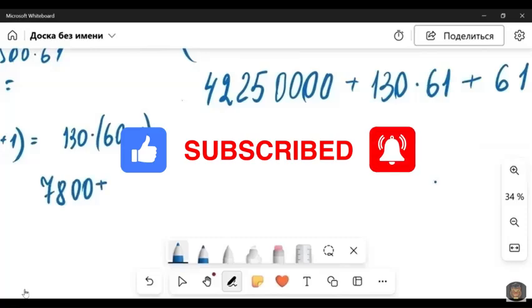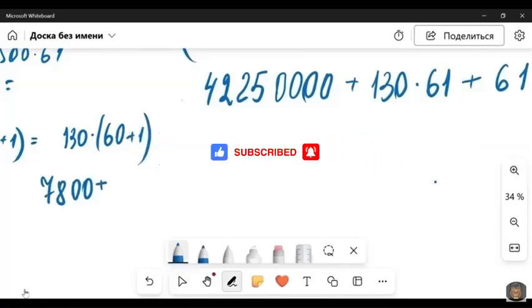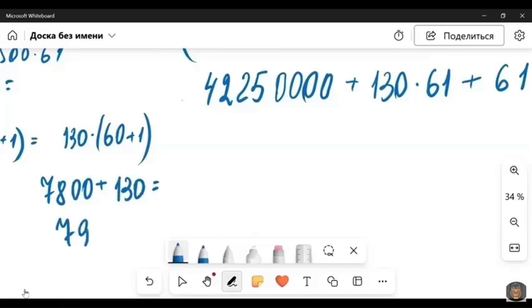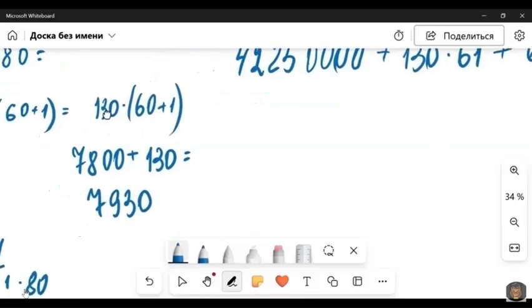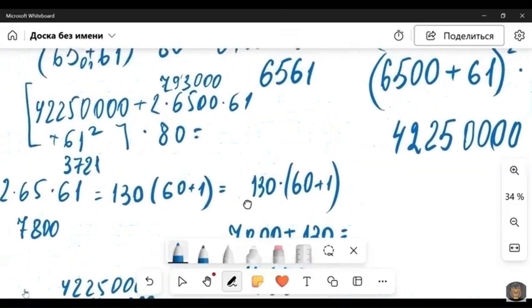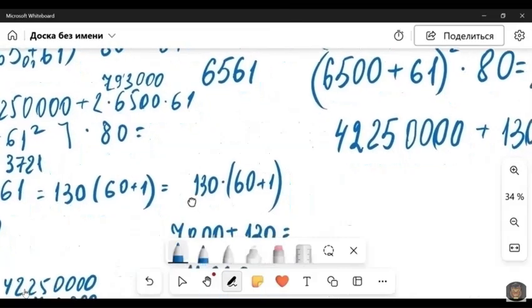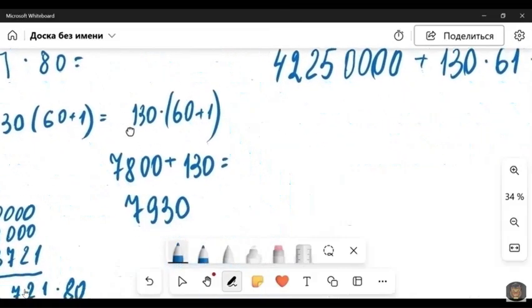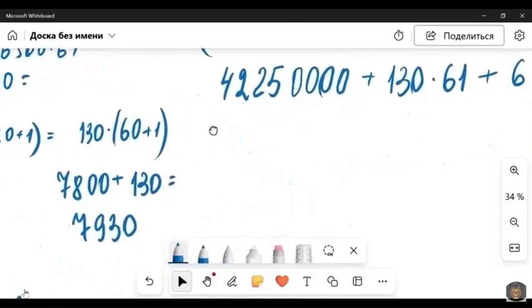So, 60 by 130 is 7800, plus 130. By the way, I should check, because I'm not a calculator. Yes, everything is correct.